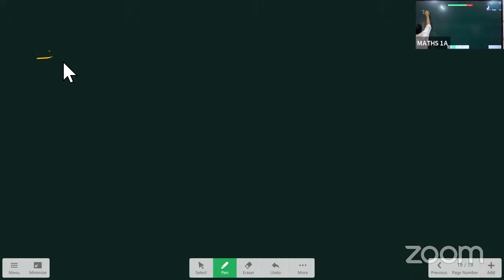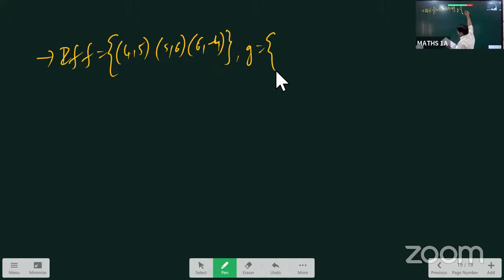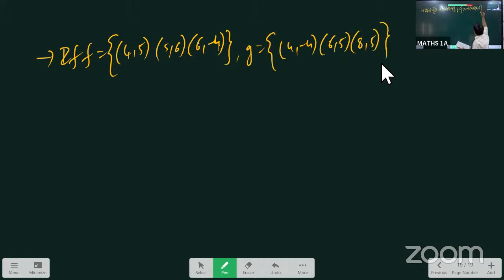Now before that, let us do this one. If f equals {(4,5),(5,6),(6,-4)} and g equals {(4,-4),(6,5),(8,5)}.